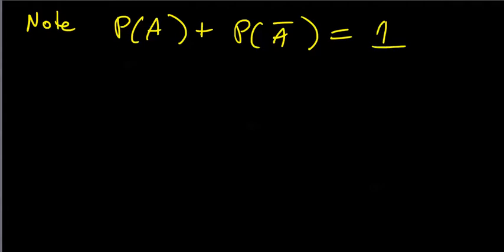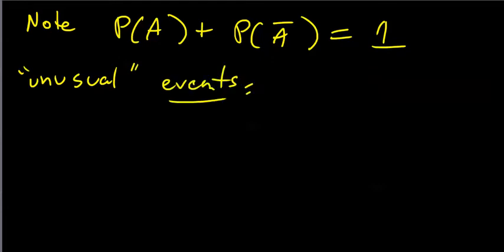Alright, the book asks us about unusual events. And you may recall we've talked about unusual events before in terms of standard deviations. We've talked about unusual events in terms of z-scores. And now we're going to talk about unusual events in terms of probability. And the book makes this, again, it may seem somewhat arbitrary claim, but again, it foreshadows things we're going to be doing later on in the semester, so it's not as trivial as you might think.